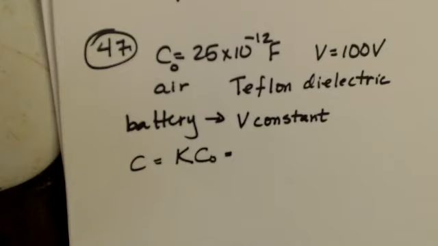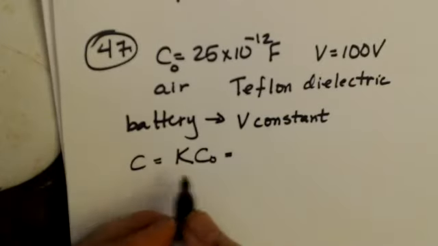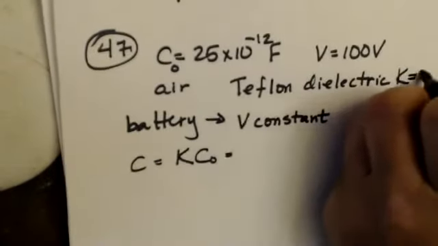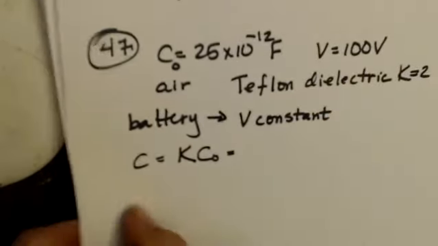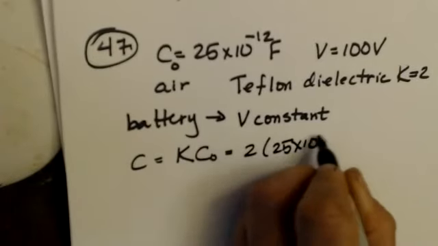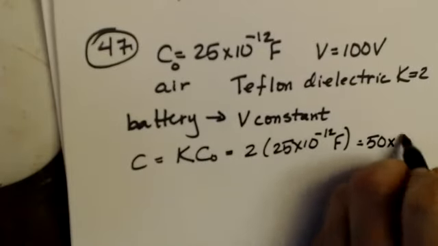So your book has a list somewhere of dielectric constants for different materials. And it's in a table, and it's in the chapter. So the table says that the dielectric constant kappa is 2. Okay, so this is just 2 times my old capacitance, so that's pretty easy. So that's just 50 picofarads.